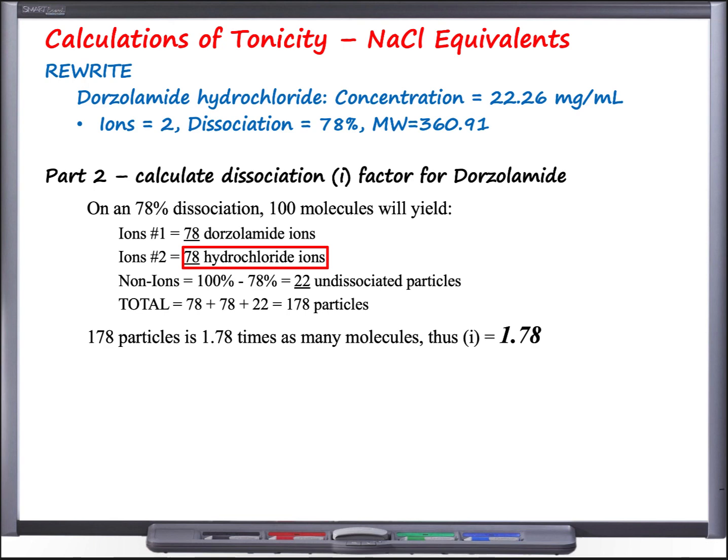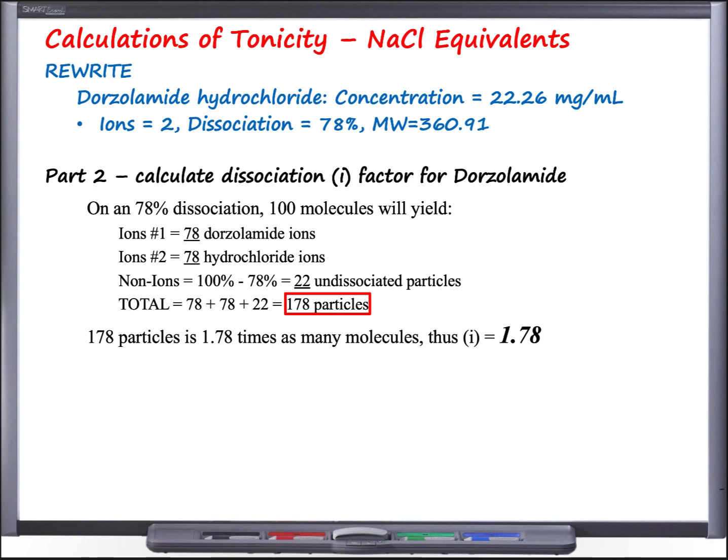Okay? Now, the other thing we have to address is the fact that while 78 out of the 100 molecules did dissociate, 22 of them don't, but they're still there, so we have to account for them. So we have 22 undissociated particles. So in the end, what we would expect to see if we put 100 molecules in solution is that since it dissociates at 78%, we'd get 78 dorzolamide ions plus 78 hydrochloride ions plus the 22 undissociated particles, meaning we'd have a total of 178 particles.